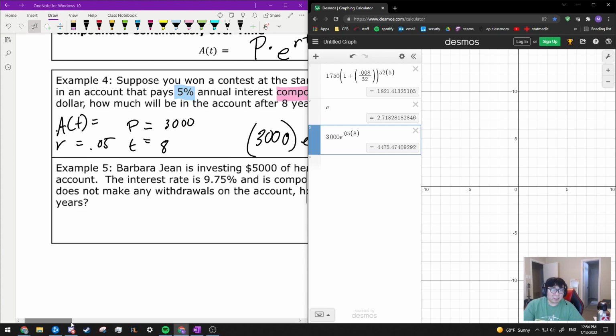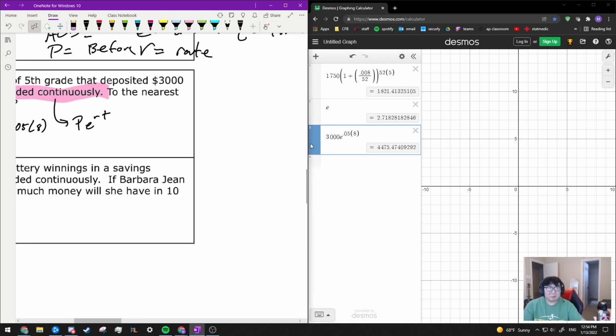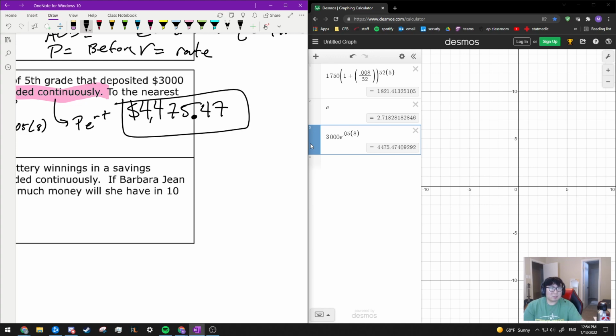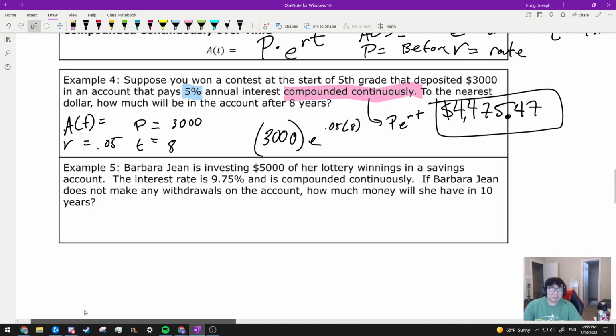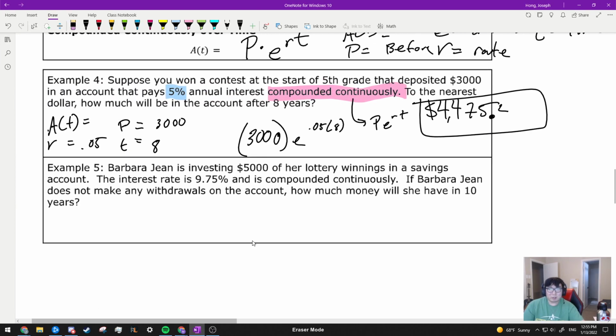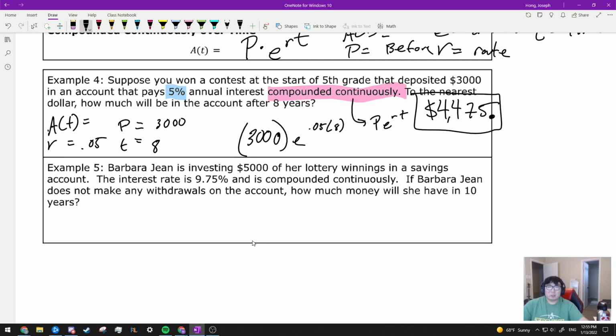So in 8 years, you now have $4,475.47. Oh, the directions told me to round to the nearest dollar. So there you go. So you made about $1,475 in 8 years.